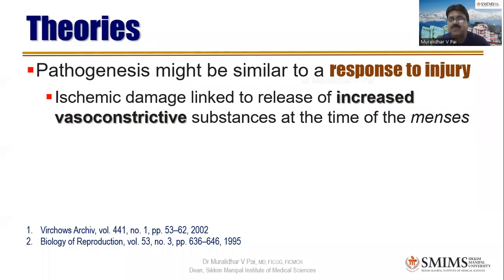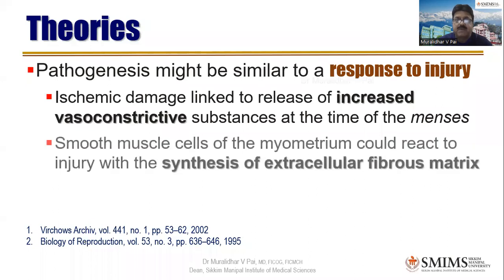I'll take another day for the DUB class. In the olden days, there used to be a chapter called DUB, and it used to be my most favorite chapter. There are 5 to 6 mechanisms why menses stop, thank God. Otherwise, the day you attain menarche, everybody would die of bleeding. So vasoconstrictive substances are released as one of the mechanisms of stopping the menses, and that is an inflammatory response, and that is one of the theories for fibroid.